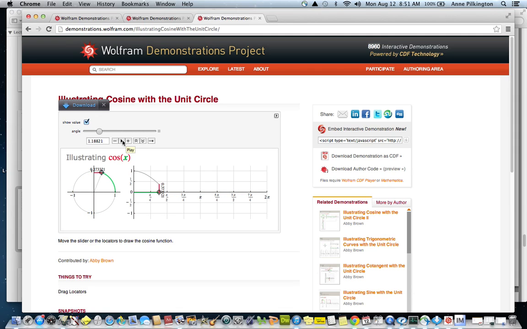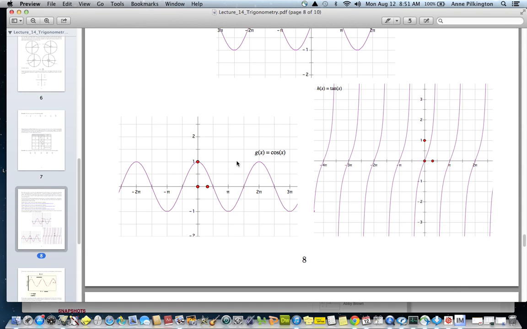So we can extend our information to get the full graph of y equals cosine of x. And again, it's a wave function, but this time the wave starts at the crest of the wave above the origin, and this wave repeats itself on every interval of length 2 pi.